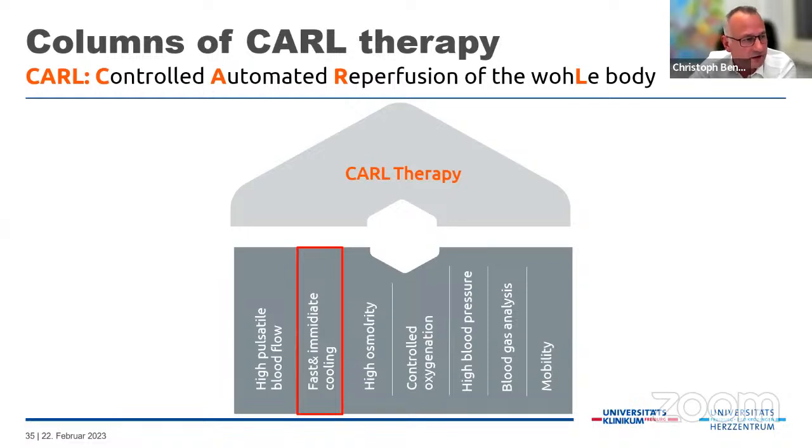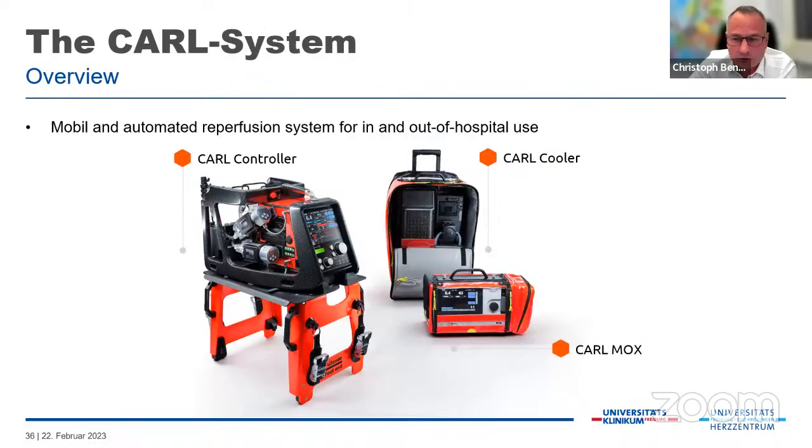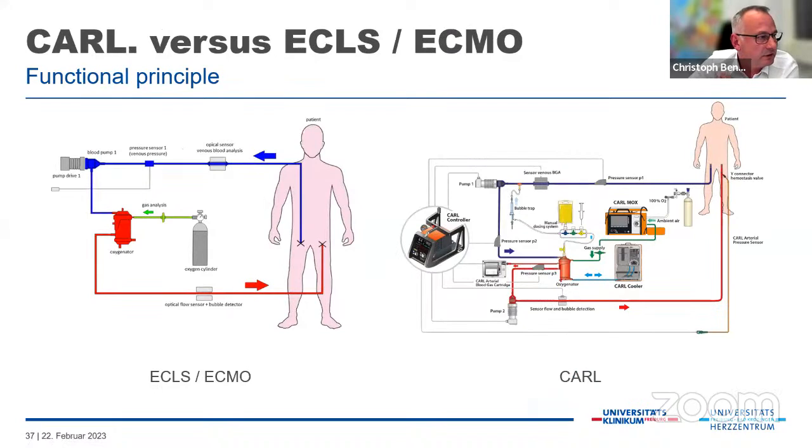It's called Resuscitec, and we developed the so-called CARL system, the first automated reperfusion system for use in hospital and out of hospital, especially focusing also on a special cooling device. In comparison to a regular ECMO or ECLS system, the difference is that we implemented 2 pumps for a higher pulsatile blood flow.